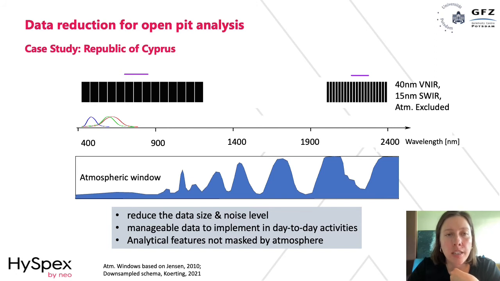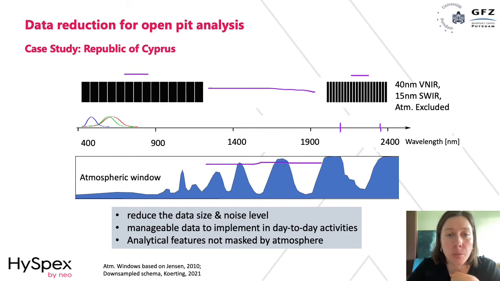And I excluded this whole range because when we look at the atmospheric window and the influence of the atmosphere, you can see that this area is highly influenced by the atmosphere. And then in the SWIR range, we have an atmospheric window in this area. So we can still see some spectral absorption features in this area.